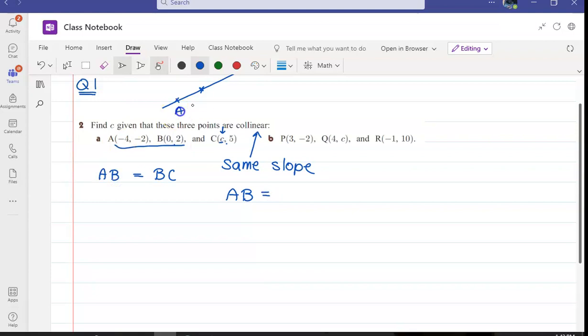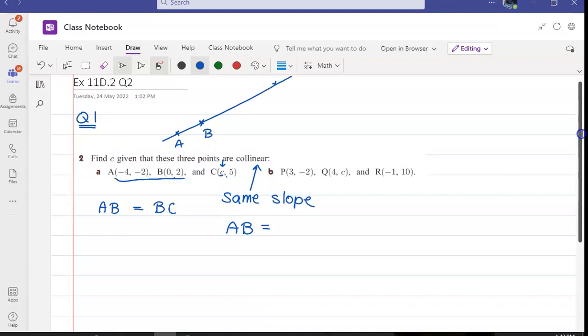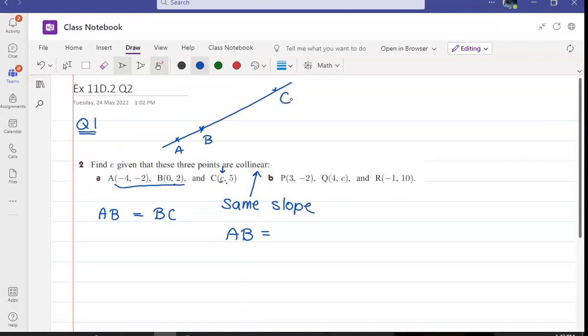Imagine if these were my points here, and C's up there. Would you agree the slope from A to B does indeed equal the slope from B to C? They have to be. And the slope from A to B could also equal the slope from A to C, right? Either one works. Does that make sense?